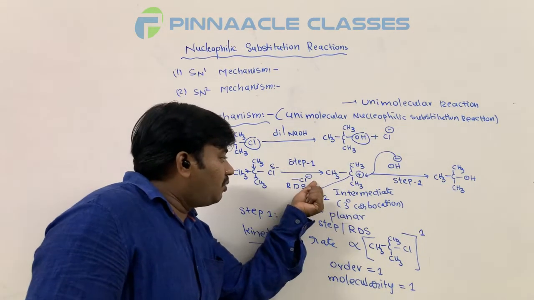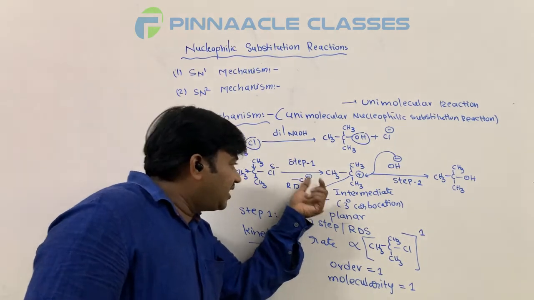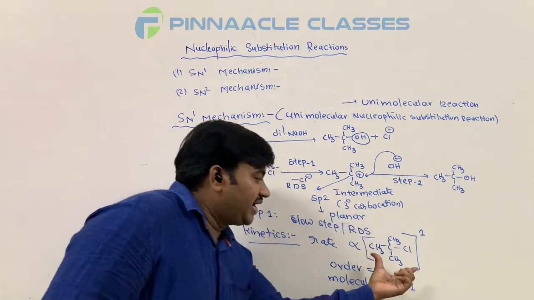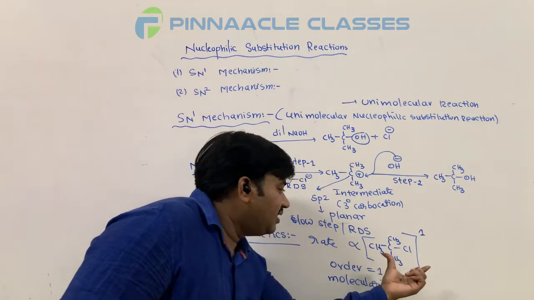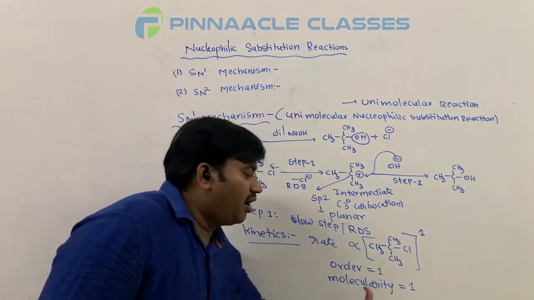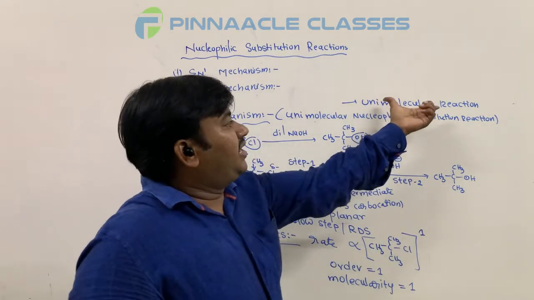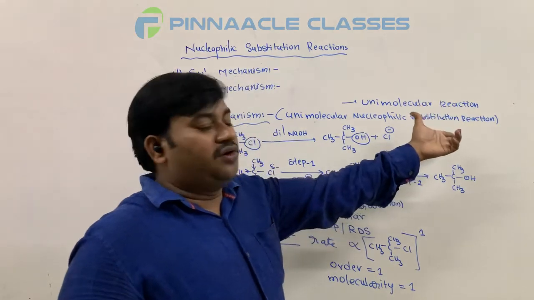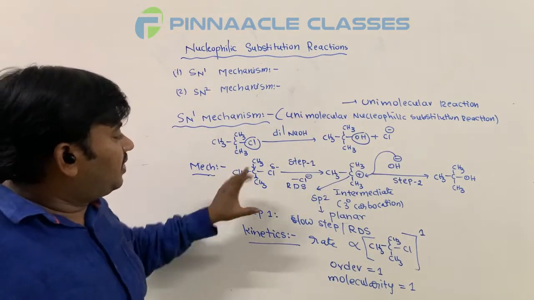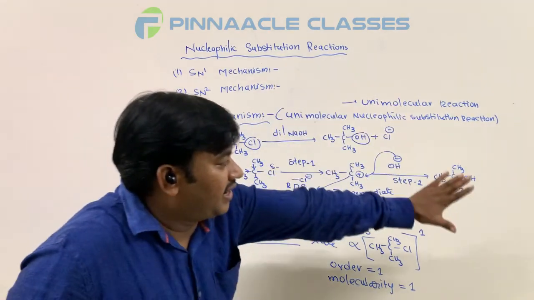Here step 1 is the rate determining step. How many reactants are involved? Only one reactant, that is tertiary butyl chloride. The order is one and the molecularity is one. So that's why we call it unimolecular nucleophilic substitution reaction. Yes, so this is about the reactant and the mechanistic process.